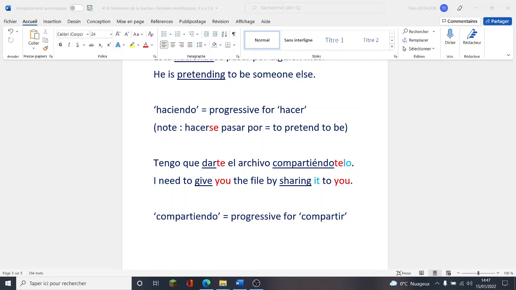It's basically lo in Spanish. So compartiéndotelo. And once again, this written accent above the e is because of phonetic rules in Spanish. My video about word stress is on the channel if you need some explanation about it. So basically, that's all for the progressive forms.